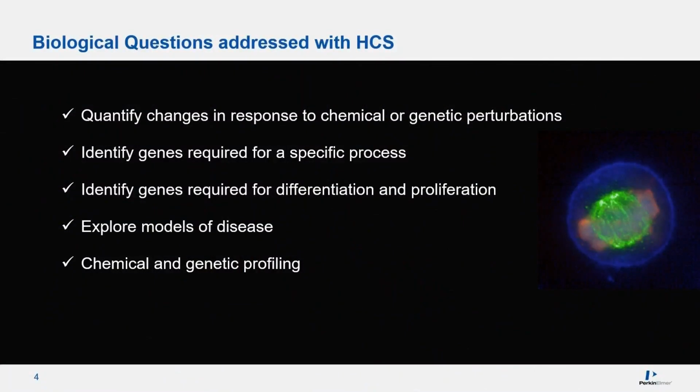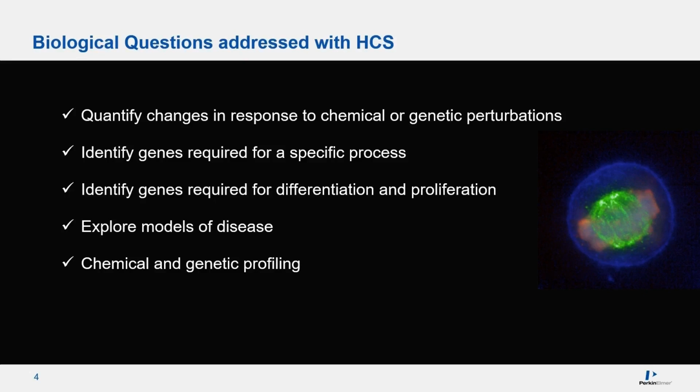We are not limited to any particular applications when it comes to high content screening, as long as we have the ability to stain and detect the biomarker and protein of interest in our sample of studies. For example, a number of biological questions can be addressed with HCS. We can quantify changes in response of cells to genetic or chemical perturbation, and then identify genes that are required for a specific process.